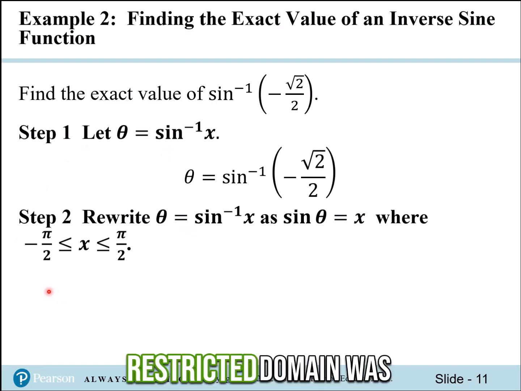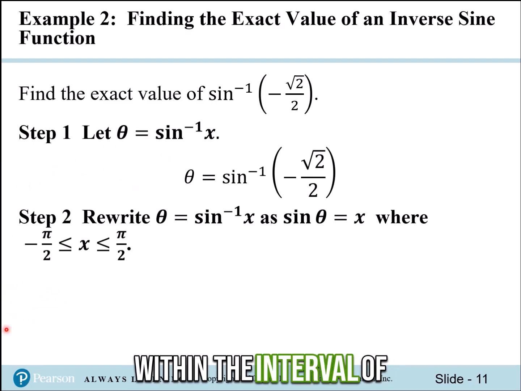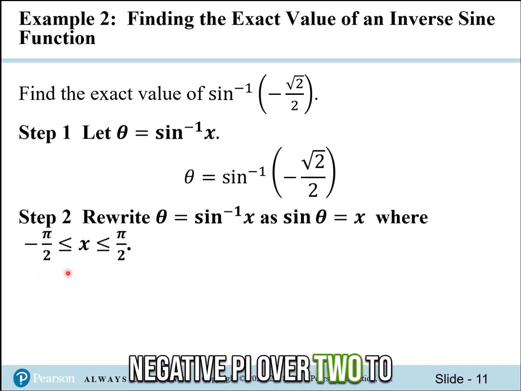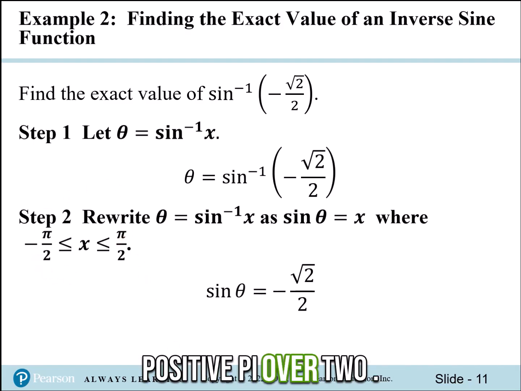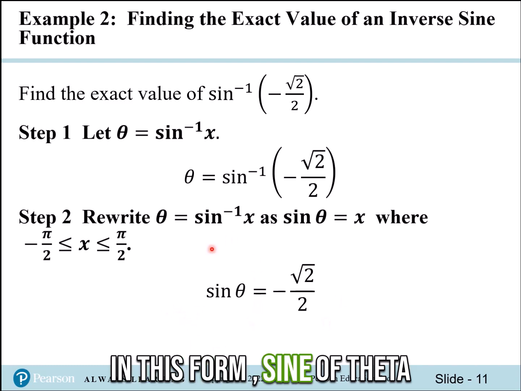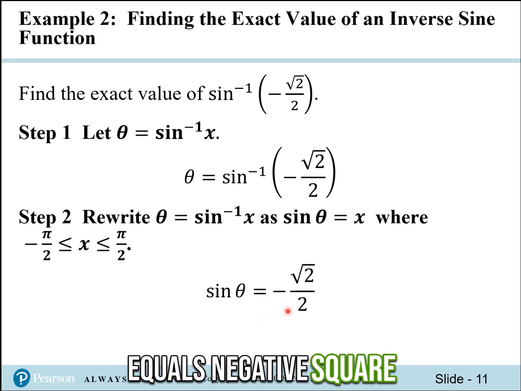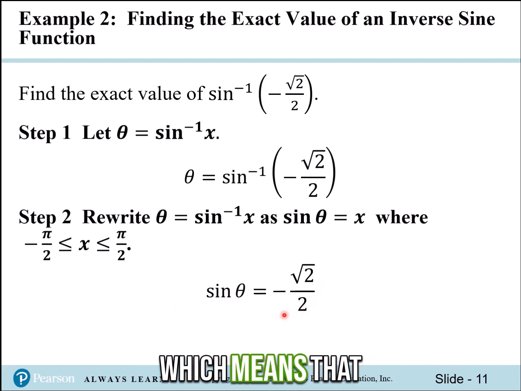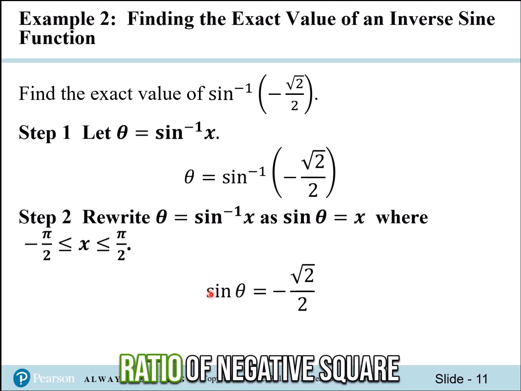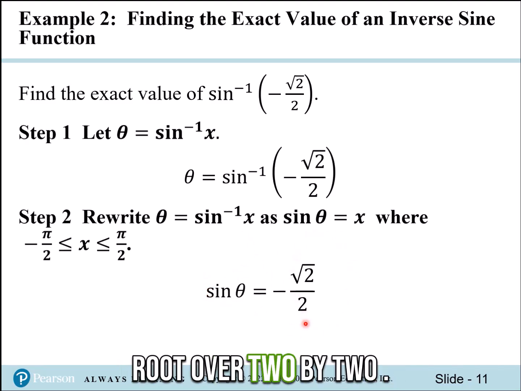And that restricted domain was within the interval of angle values from negative pi over 2 to positive pi over 2. Therefore, we rewrite it in this form, sine of theta equals negative square root of 2 by 2, which means: which angle has a sine ratio of negative square root of 2 by 2?